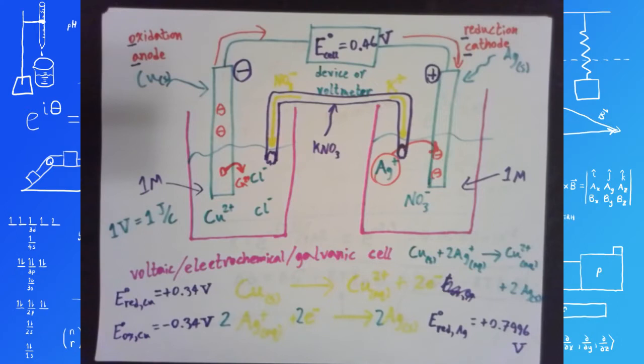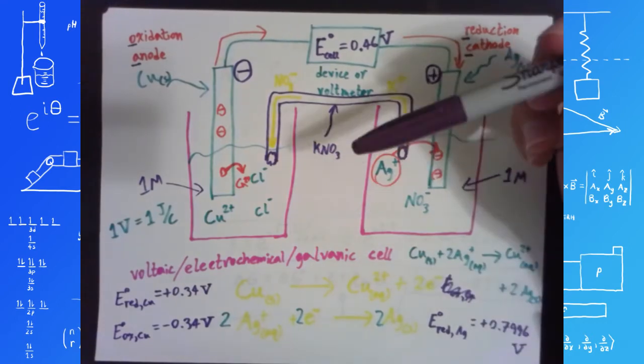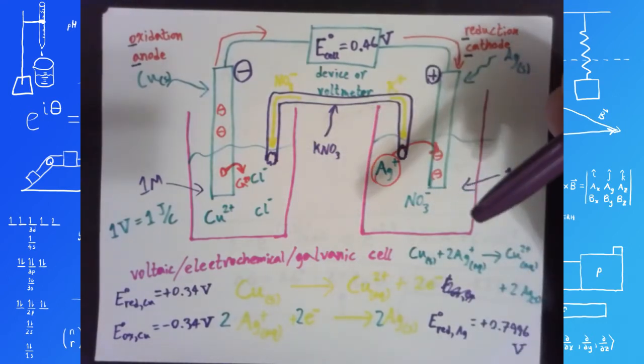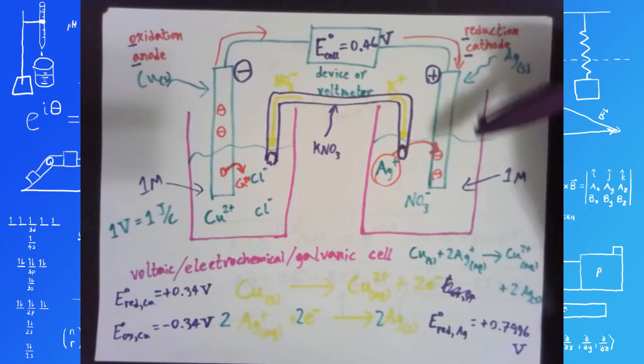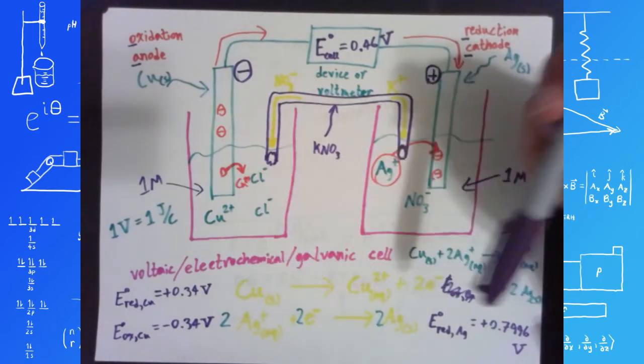Okay, is there anything else I need to comment on regarding standard cell potentials? Well, I guess let's talk about the nature of voltage and where standard cell potentials actually come from. The thing with standard cell potentials is that you can't calculate them for an individual metal, for an individual oxidation or reduction.